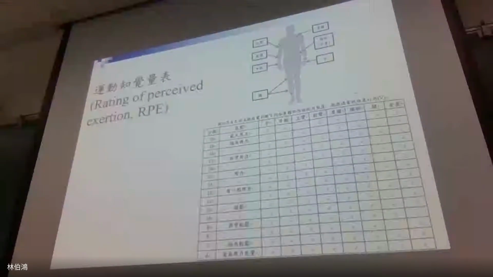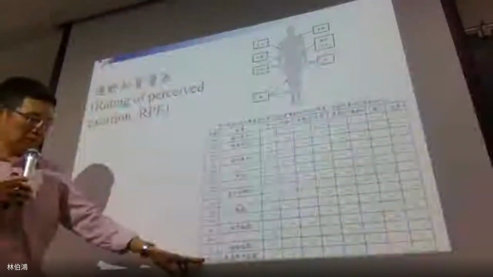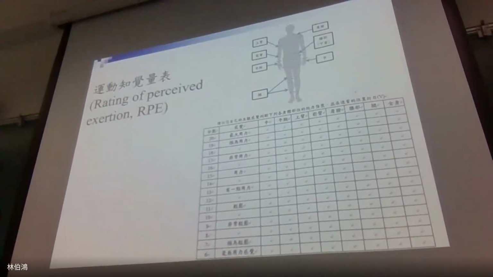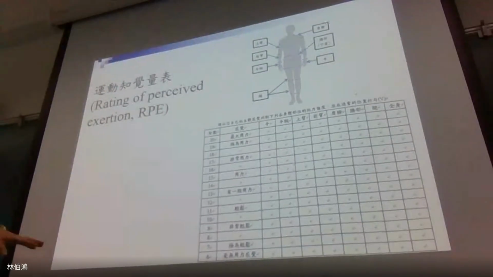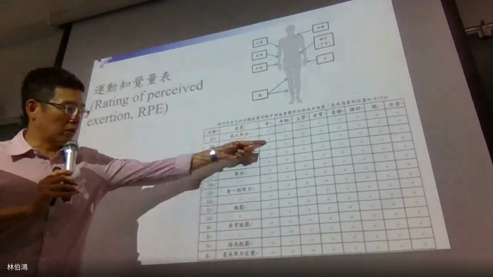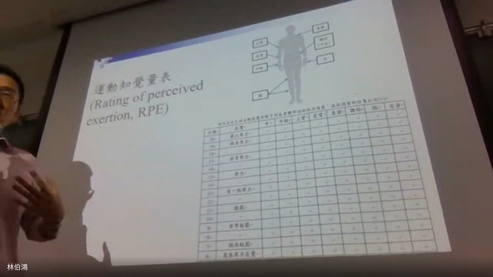And when he designed this score, the 6 also means that if you multiply it by 10, like if you feel no feeling, maybe it corresponds to your heart rate.